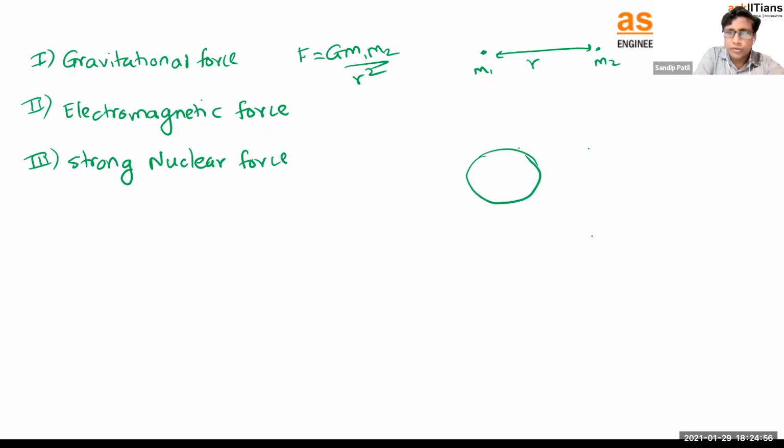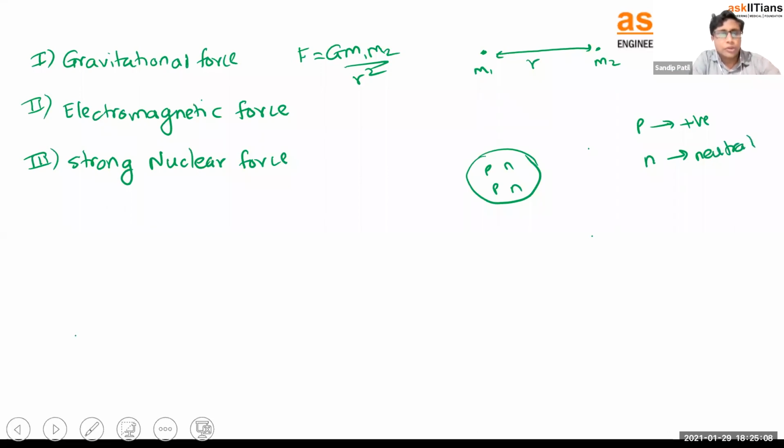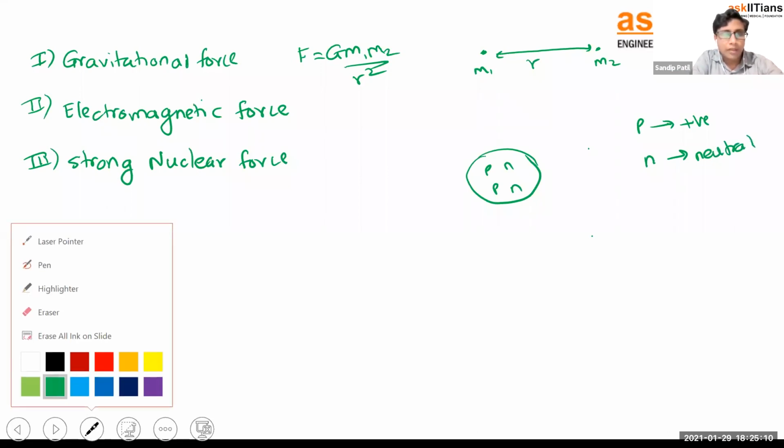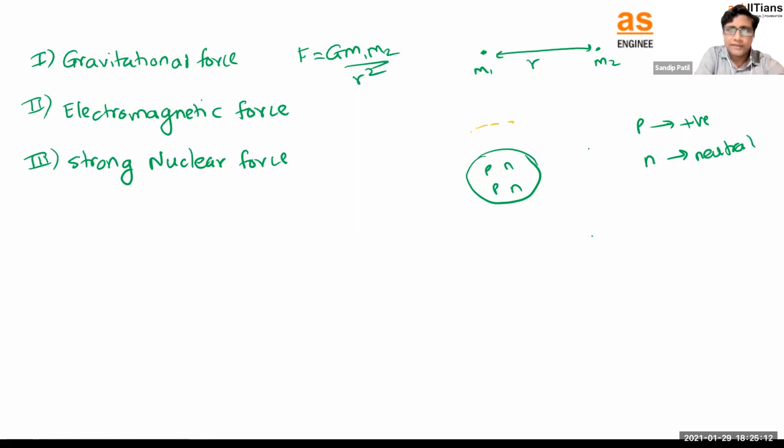The proton has positive charge. What about the neutron? The neutron does not have any charge; it is neutral. And the electrons are revolving around the nucleus in circular orbits, and electrons have negative charge.